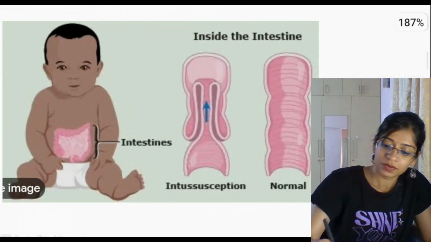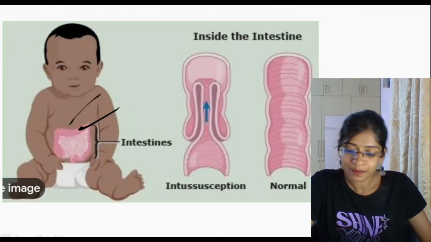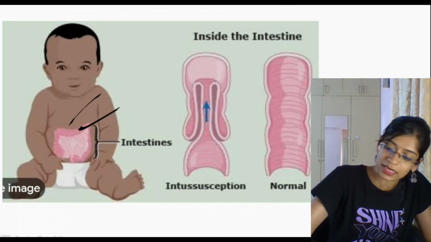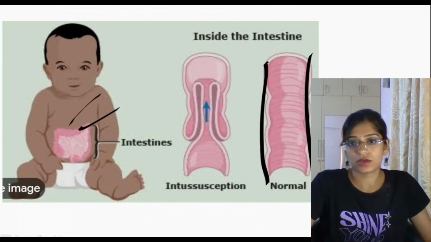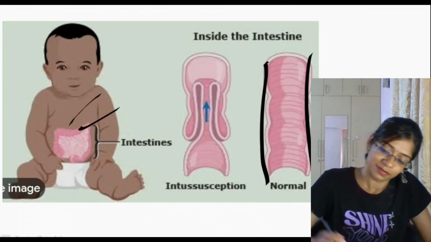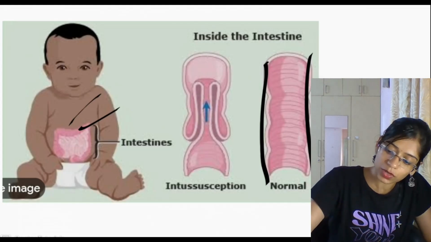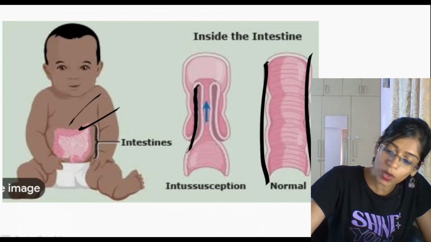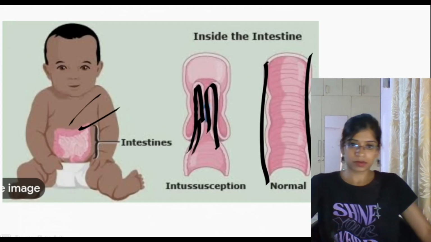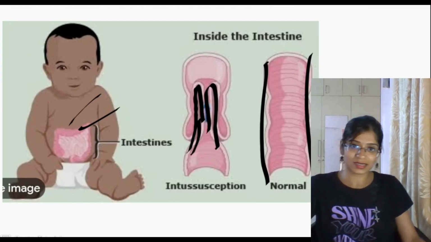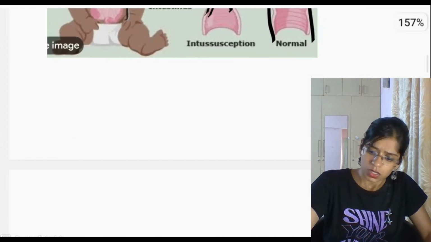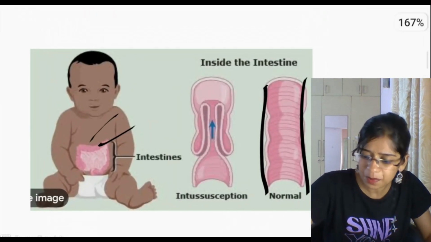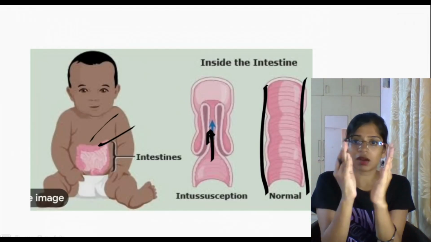So I can see in the child, a very cute baby. This is how a normal intestine should look. In intussusception, you can see a part of the intestine is going inside the nearby part. When this happens, the lumen becomes narrow.